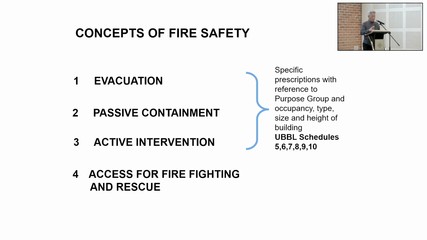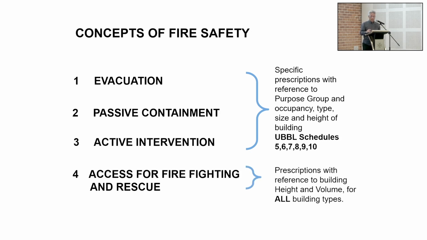For access for firefighting and rescue, they are independent of the purpose group. You'll only be referring to prescriptions on building height and volume for all buildings, with the exception of single residential buildings, purpose group 1. So that is the way you use the bylaws.